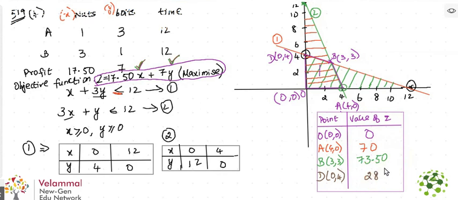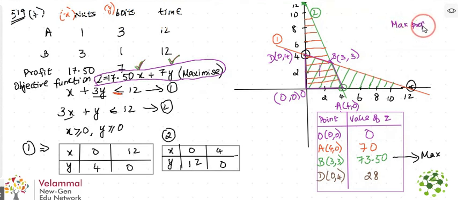Can you tell me which is the maximum? Yes, everybody knows this is the maximum value. Okay. So what is the maximum profit? Write neatly in the notebook, because on the board there is no space. I am writing like this. You write one below the other. Okay.